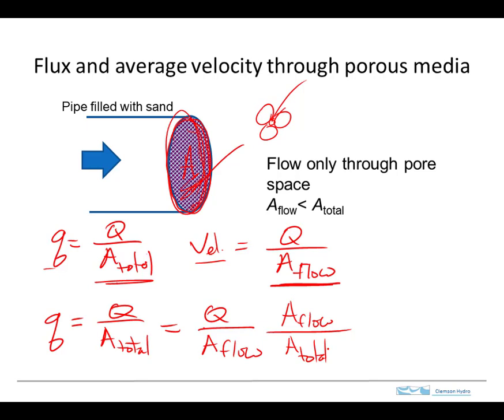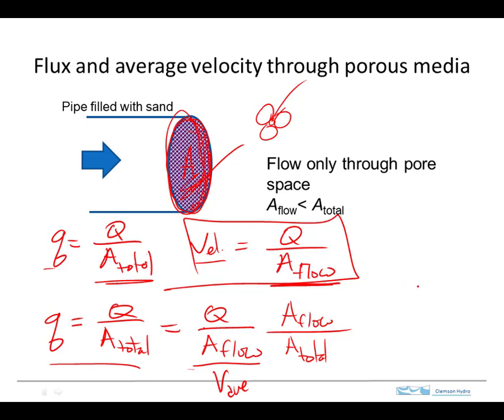Okay, so this is like a chain rule, and this is the definition, and we just write it like this. And what we see then is that this right here, that's the average velocity, just from what we said here. And this is the ratio of the area to flow to the area total.